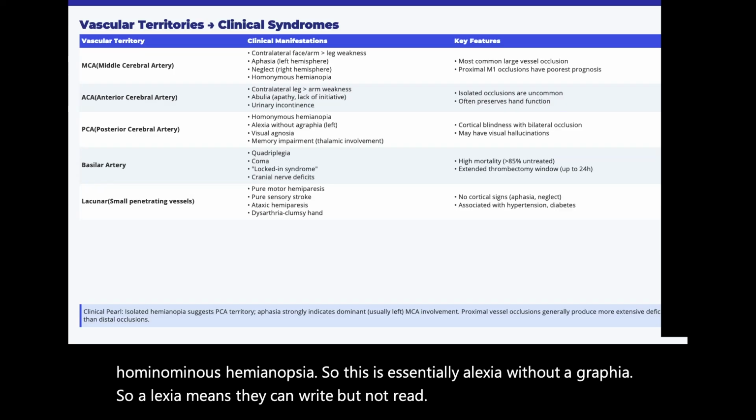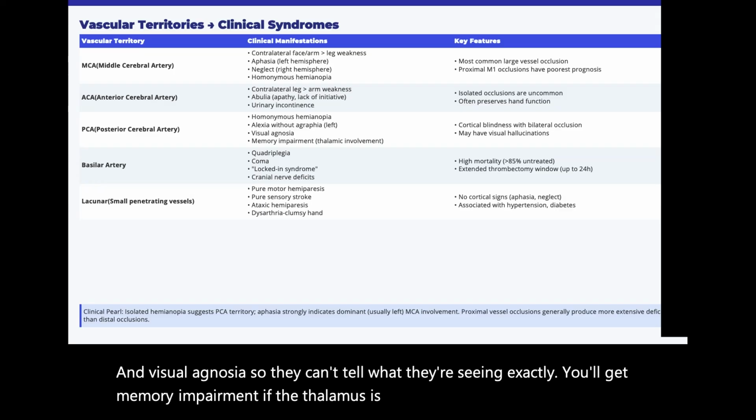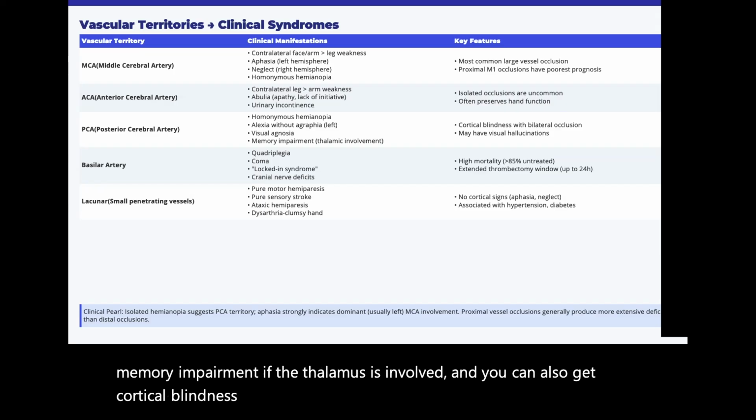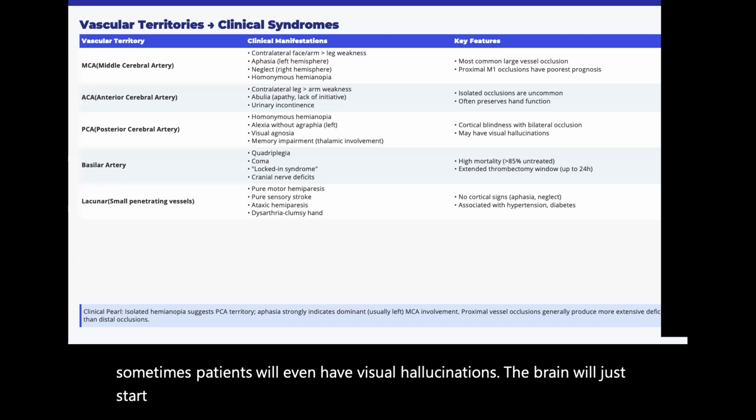And visual agnosia, so they can't tell what they're seeing exactly. You'll get memory impairment if the thalamus is involved. And you can also get cortical blindness with bilateral posterior cerebral artery strokes. Now, sometimes patients will even have visual hallucinations. The brain will just start to fill in the missing inputs.